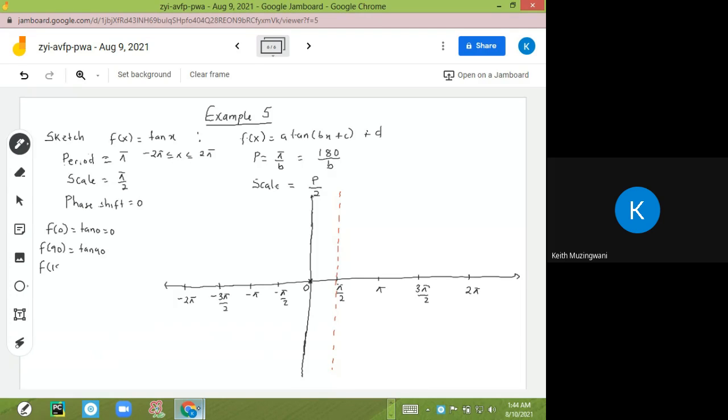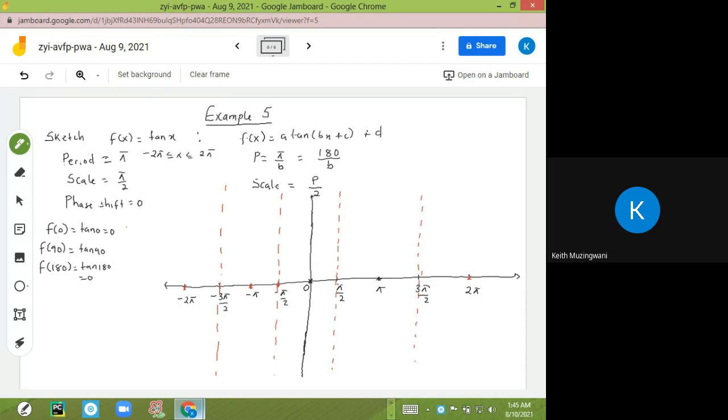And then f of 180, tan 180 is 0, so we put a point, meaning that, again, 270 is undefined. Then another 0. So 0 here, undefined here. 0 here, undefined here, and 0 there.